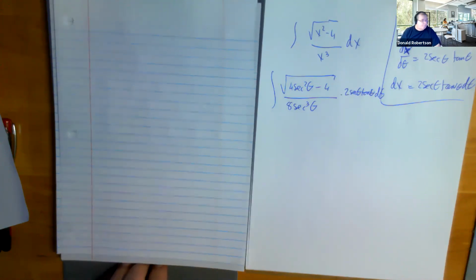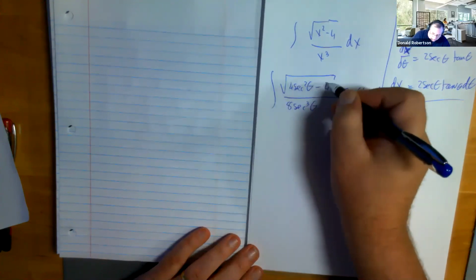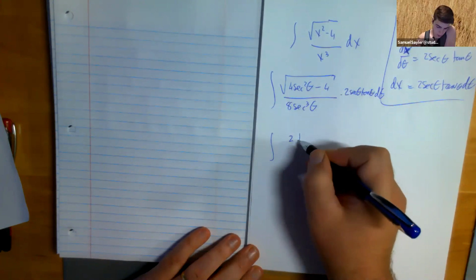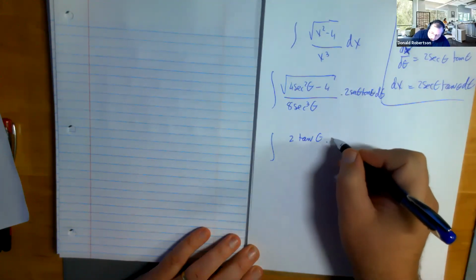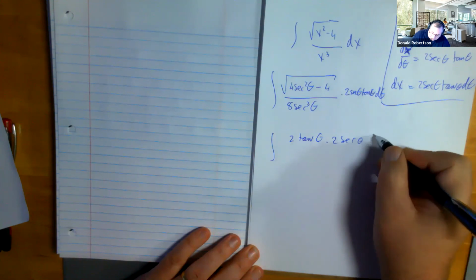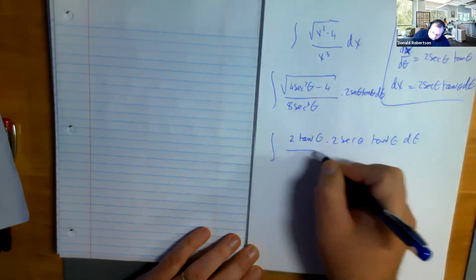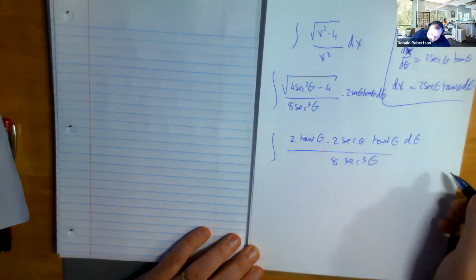Does that look right? Yes, it does. So you recognize that guy is 4 tan squared on the top. Yes. So that becomes 2 tan theta times a 2 secant theta tan theta d theta all over an 8 secant cubed theta.